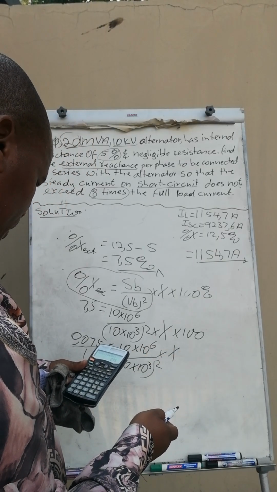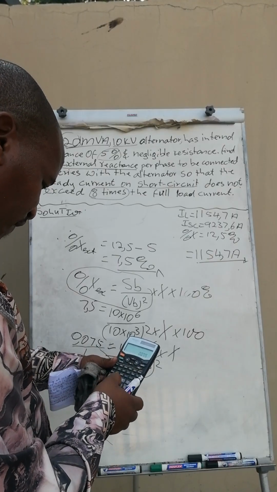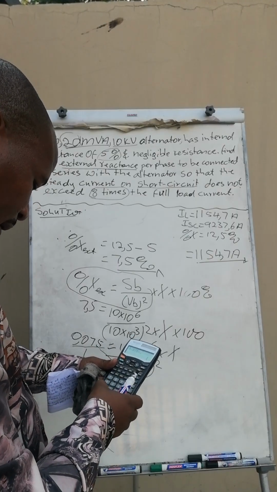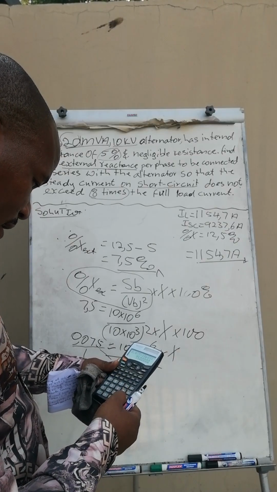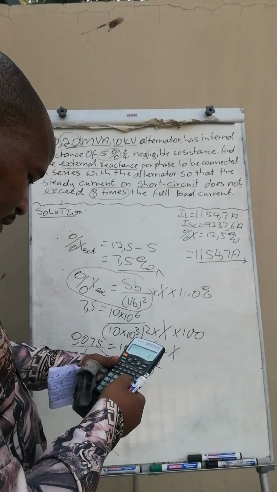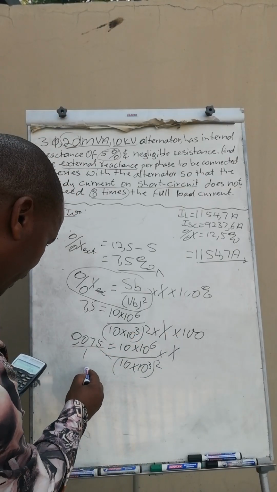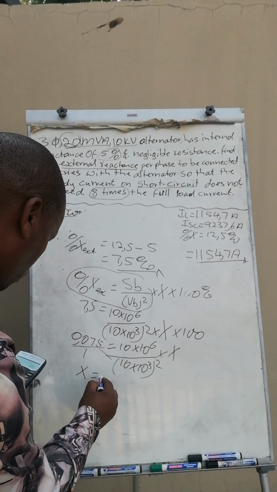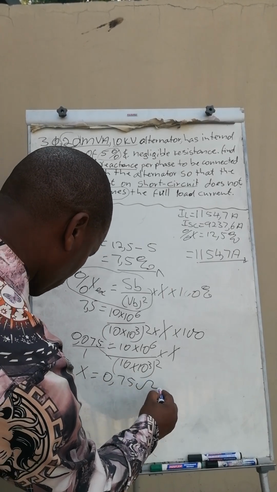Divide by 10 exponent 6. So we've got x is equal to 0.75 ohms.